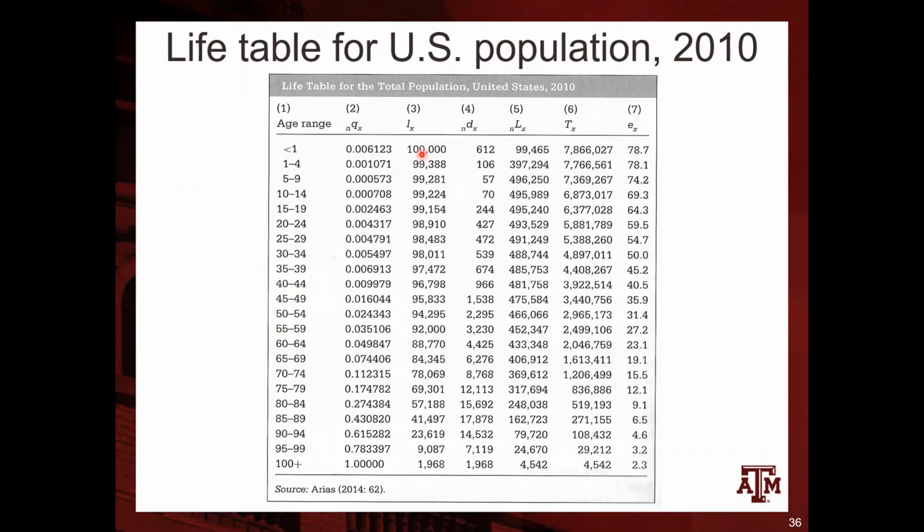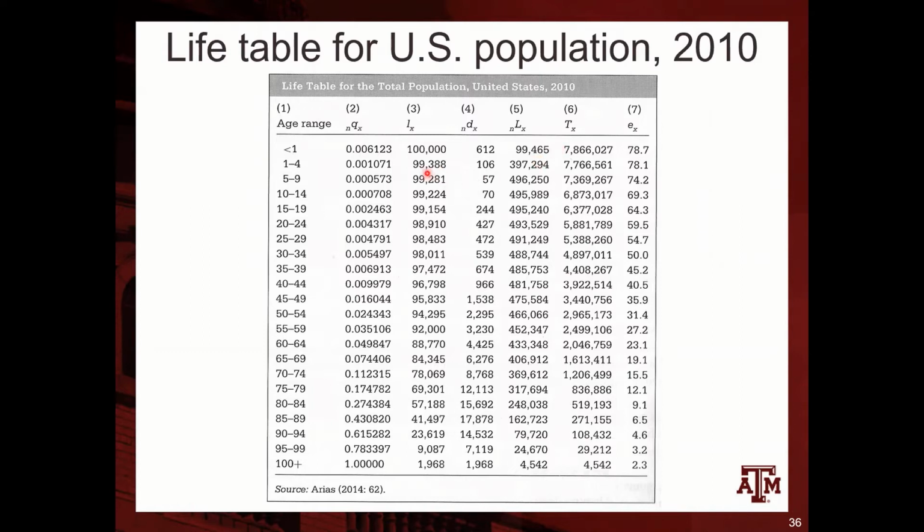Some people die, and I have an appropriate measure to do that, because in the case of infant mortality, usually when people die, they die closer to 0 than close to 1. But on average, out of these 100,000 people here, we had 99,465 person years lived. That if you get all these babies and sum up all the amount of years that they lived together, was 99,465.